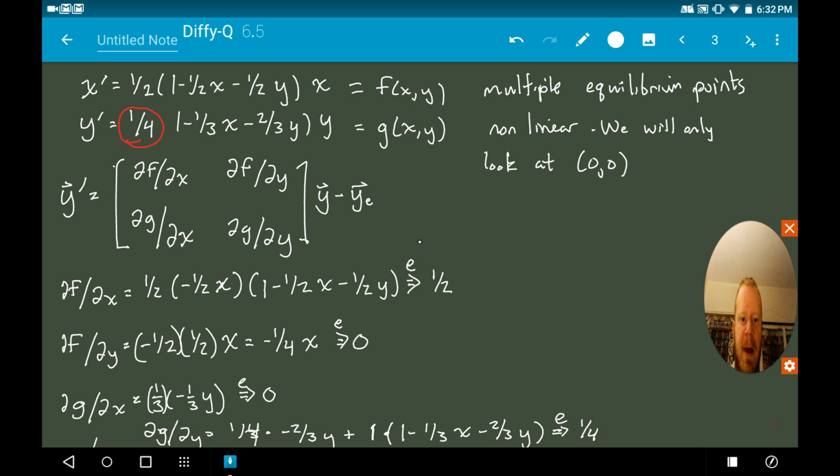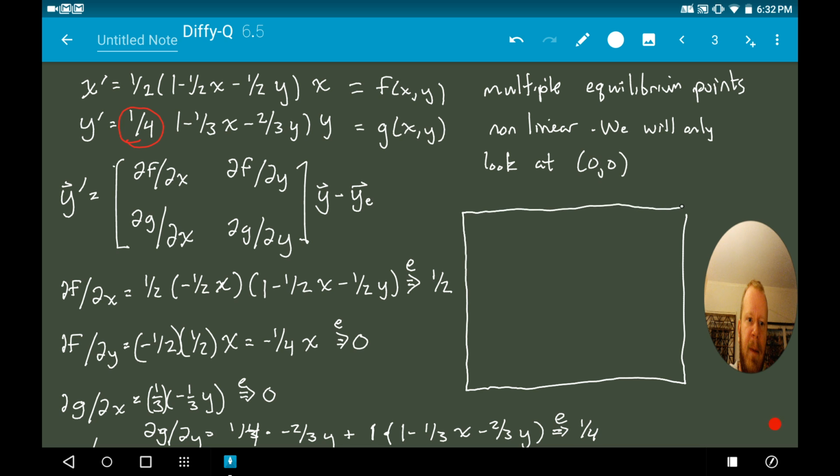So what we get for our equilibrium solution is that's going to come across right here, and so we get that y prime is equal to, so if we set these all up, we get 1/2, 0, 0, 1/4.